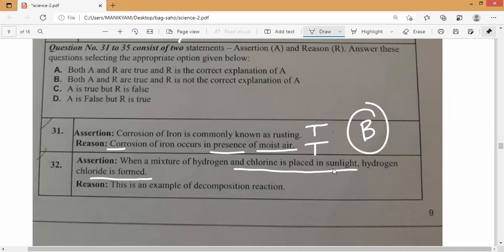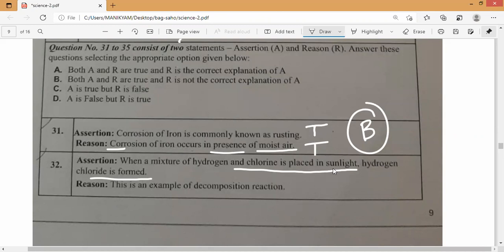Now what will happen? Is it an example of a decomposition reaction? No, it is a combination reaction. Please all of you check it.